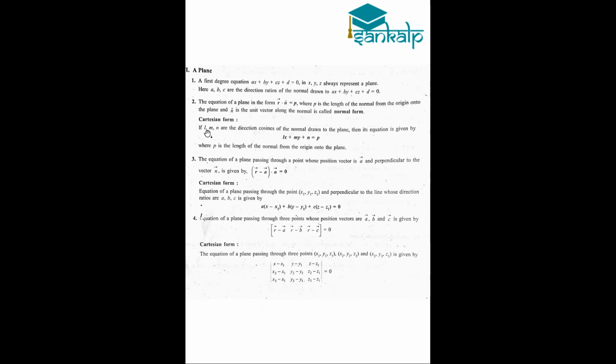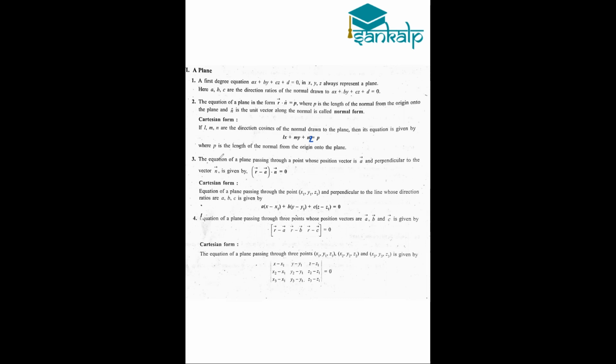So for the same vector, if we replace n cap with l i cap plus m j cap plus n k cap, then we get the Cartesian form as lx plus my plus nz is equal to p, where again p is the length of the normal from the origin.